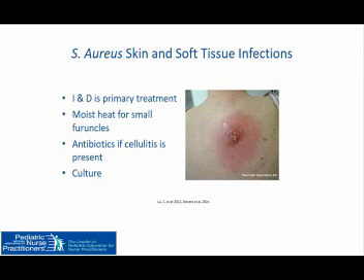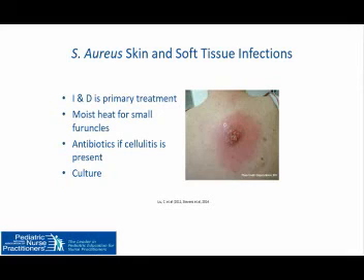There are some new skin infection, soft tissue infection guidelines that have come out. We all know what this looks like, Staph aureus. I&D is the primary treatment when you have those big, ugly-looking bullae without cellulitis.